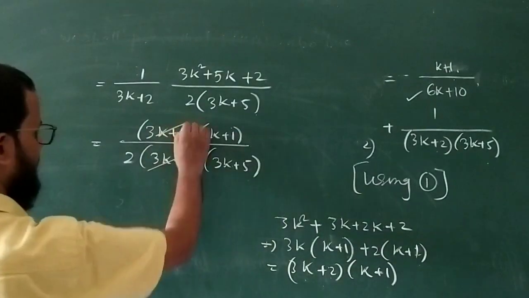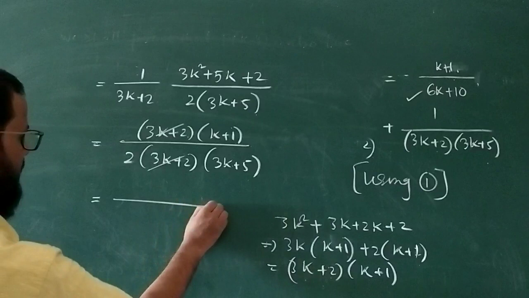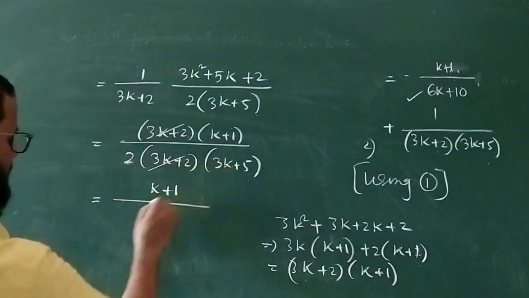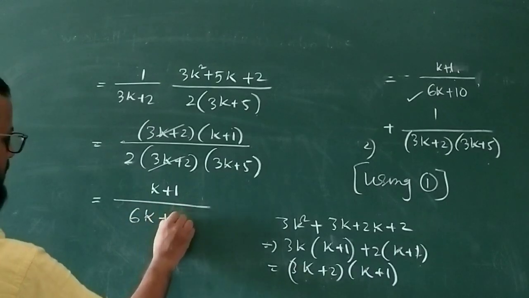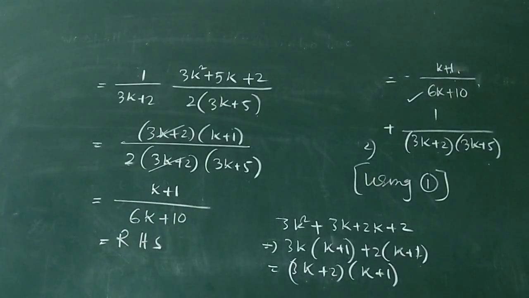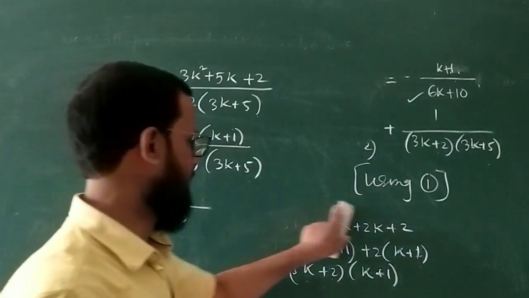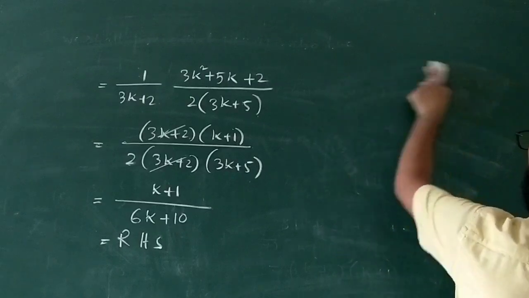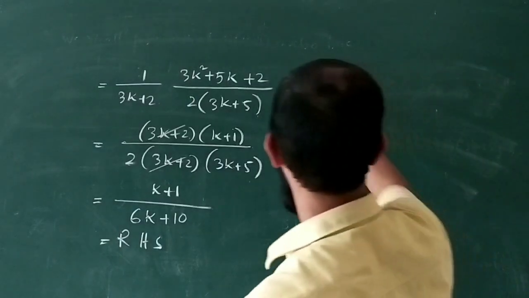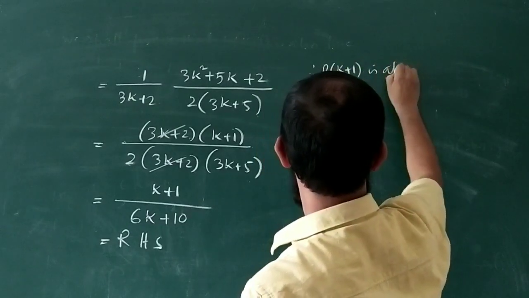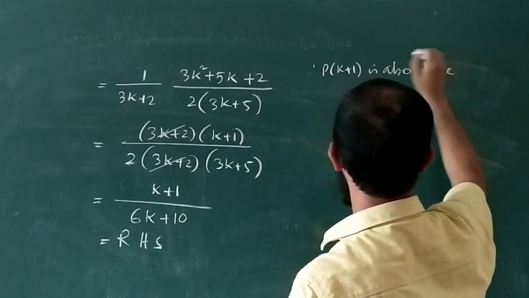Now you can cancel this, and finally you will get numerator equal to k plus 1, and denominator 6k plus 10, which is equal to the right hand side. So the final statement, you know how to write: therefore pk plus 1 is also true.